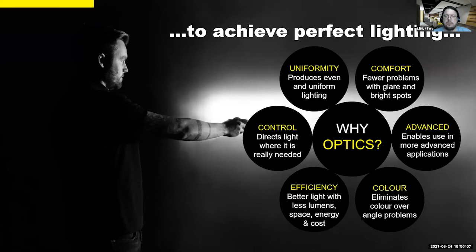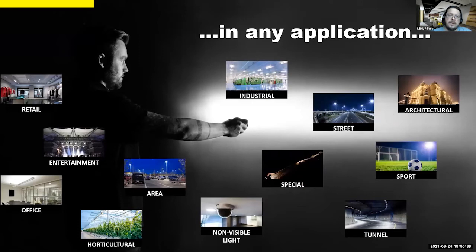And overall, utilizing optics in your search for the next perfect light emitting fixture will generally tend to increase the comfort of the lighting, and it will definitely allow you to use those quite simple LEDs in more advanced applications, like, for example, street lighting, which is a very good example. And it will help you.